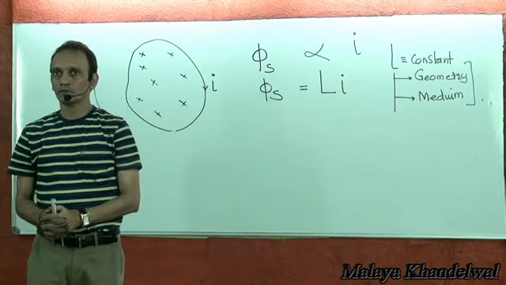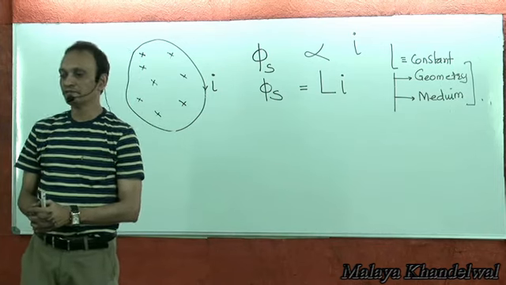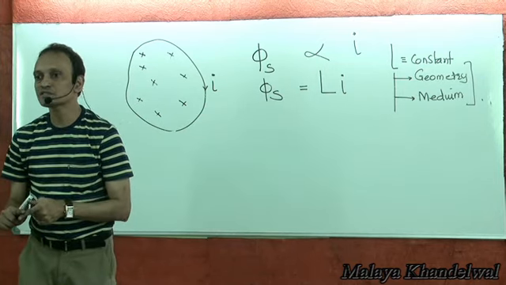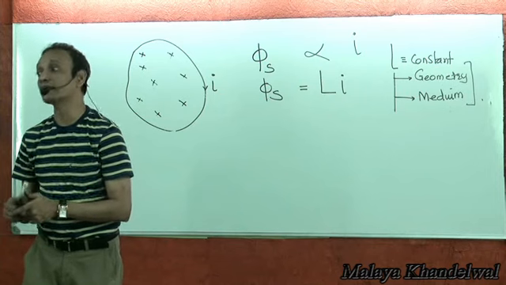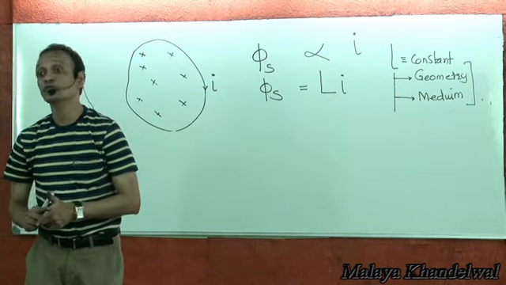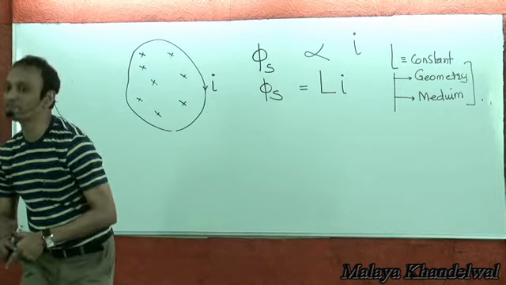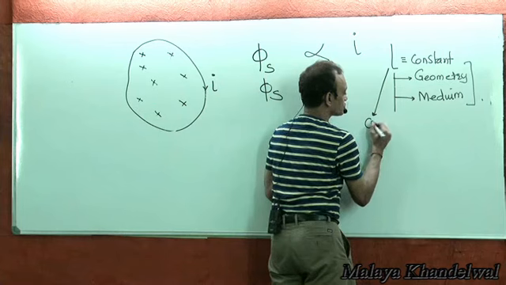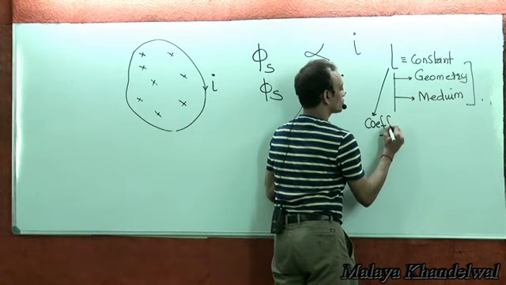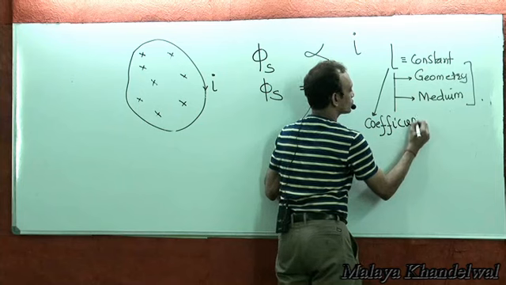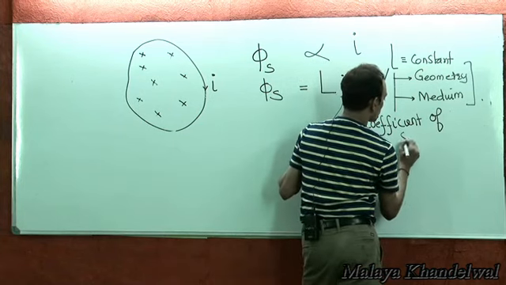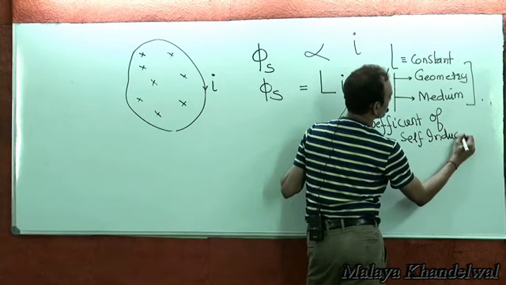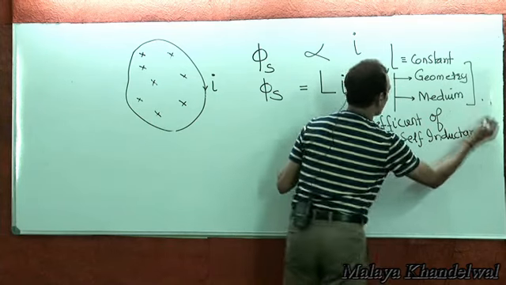Now, in addition to the two electrical properties that we have learned, one, resistance, two, capacitance, here is the third one, this property L, which is called inductance or self-inductance, coefficient of self-inductance. Sometimes they just call it inductance, sometimes self-inductance L, one way or the other.